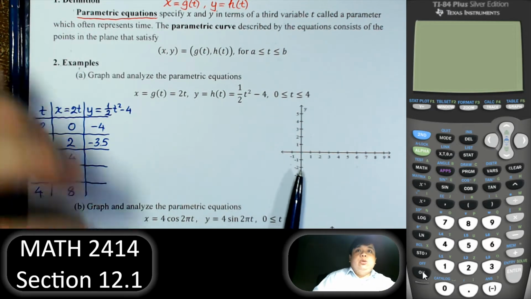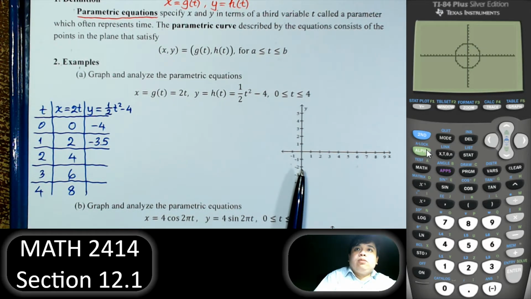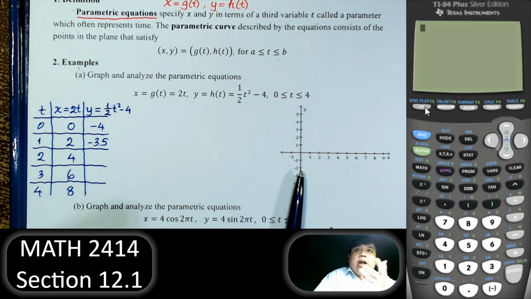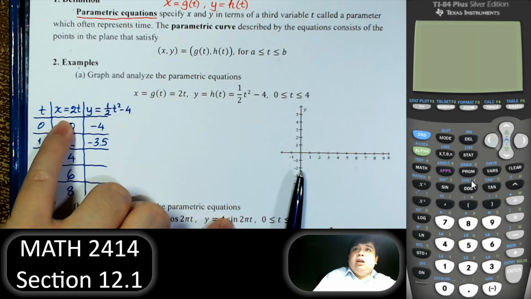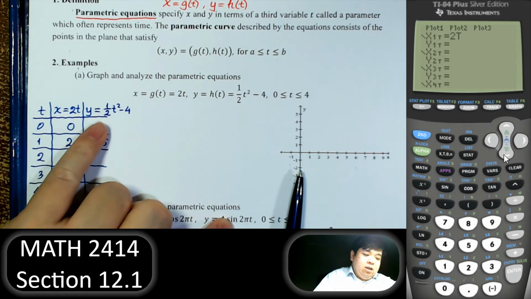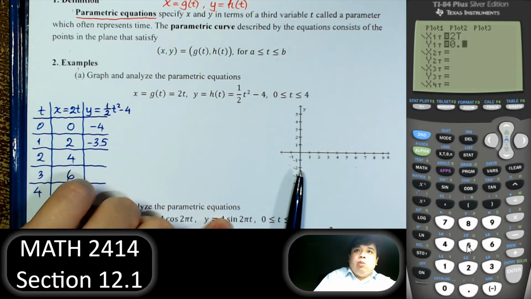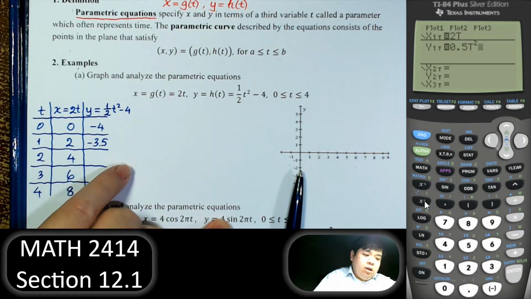We actually can just use the calculator to do this. If we want to graph in parametric form, hit mode and make sure it is in parametric form. Then we can enter x equals 2t and y equals 0.5 t squared minus 4.